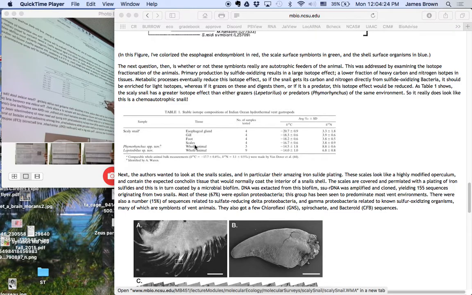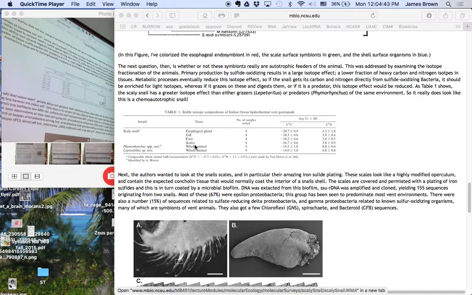If you look at other tissues of the same animal, it's actually a little bit less depleted, as if that carbon has already gone through some processing after being fixed. Remember that the esophageal gland carbon will be a mixture of bacterial and host tissue.